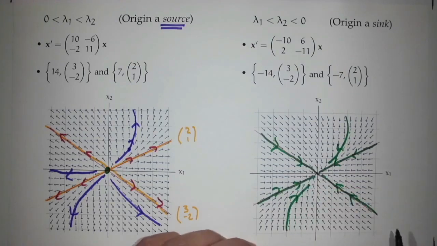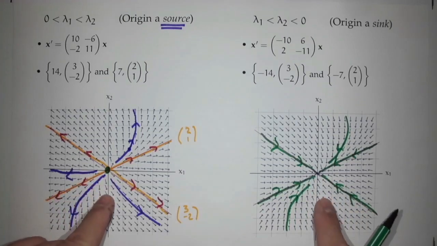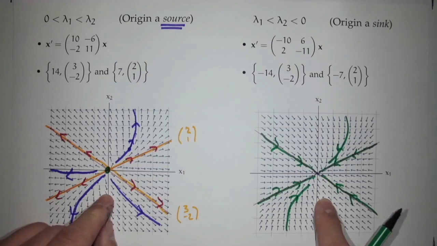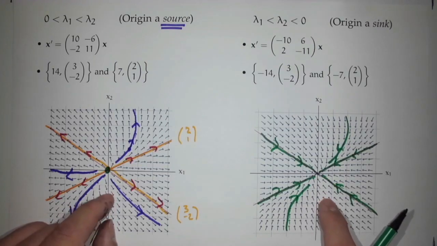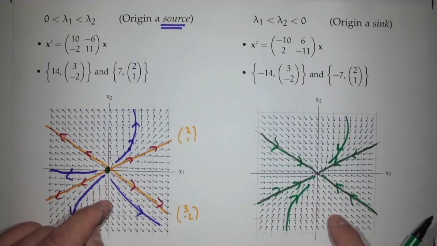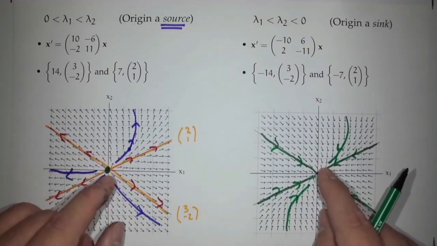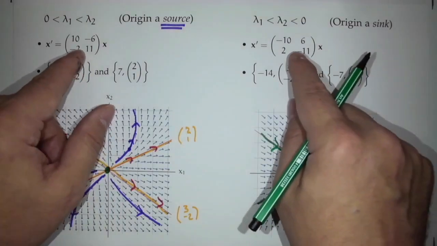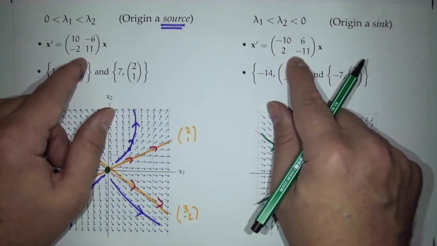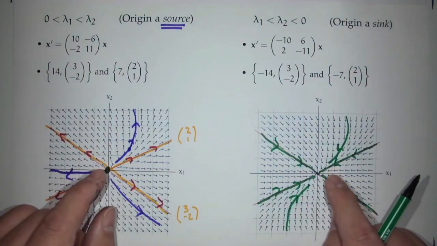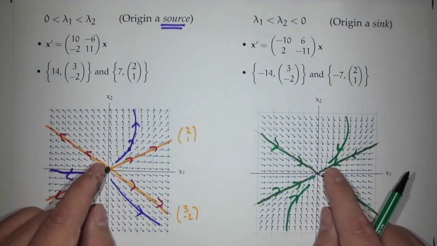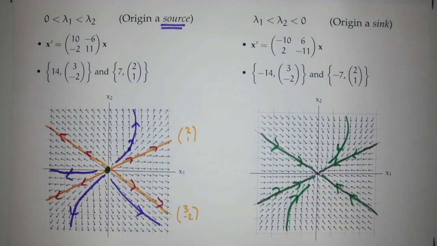Now, if you look at these two pictures, what do you notice about them? They're very similar, right? What's the difference? So there's a visual difference, and then up here there's a difference that we have there. So the visual difference is in terms of the arrows. What have you done to the arrows? You've flipped them around.